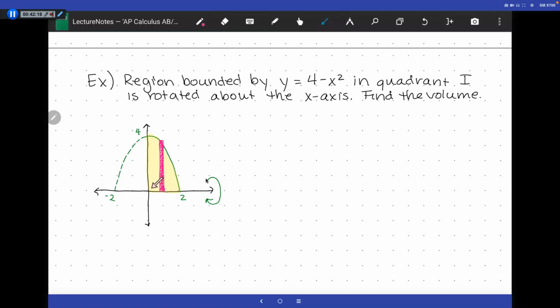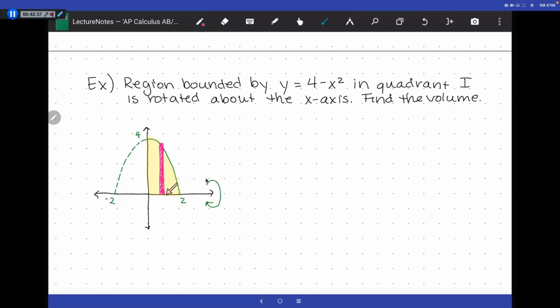If there's any point where it doesn't, make it a washer problem. But you don't have to make two different integrals because of that. Just treat it like a washer problem and that will take care of it. But this never creates a hole, so it's a disk all the way through. We're going to treat it like a disk problem. And like you guys said, it's a dx problem.